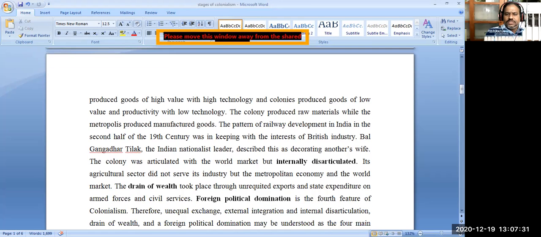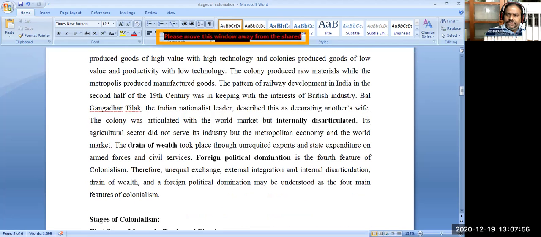So the colony was articulated with the world market, but internally disarticulated. Its agricultural sector did not serve its industry, but the metropolitan economy and the world market. The drain of wealth took place through unrequited exports and the state expenditure on armed forces and civil services. Foreign political domination is the fourth feature of colonialism.